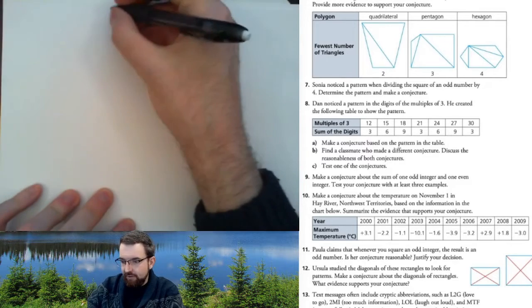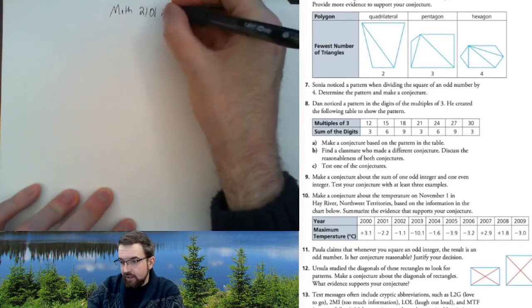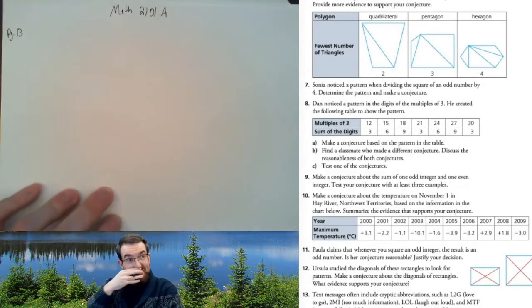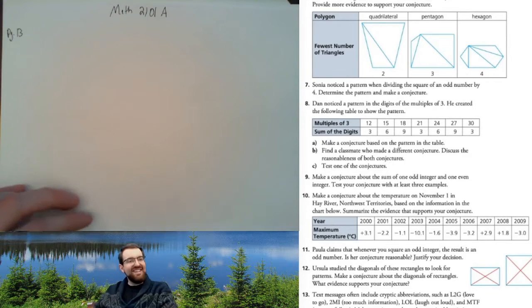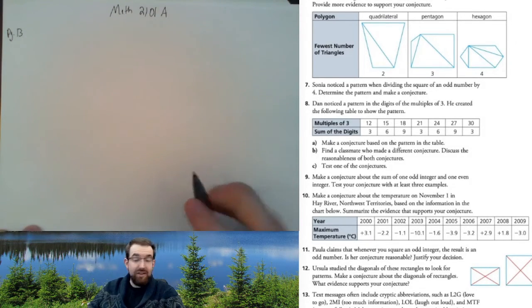If we pop over here, this is from page 13 in the book. This is going to be Math 2101A. So I'm just going to show what inductive reasoning is through some examples.